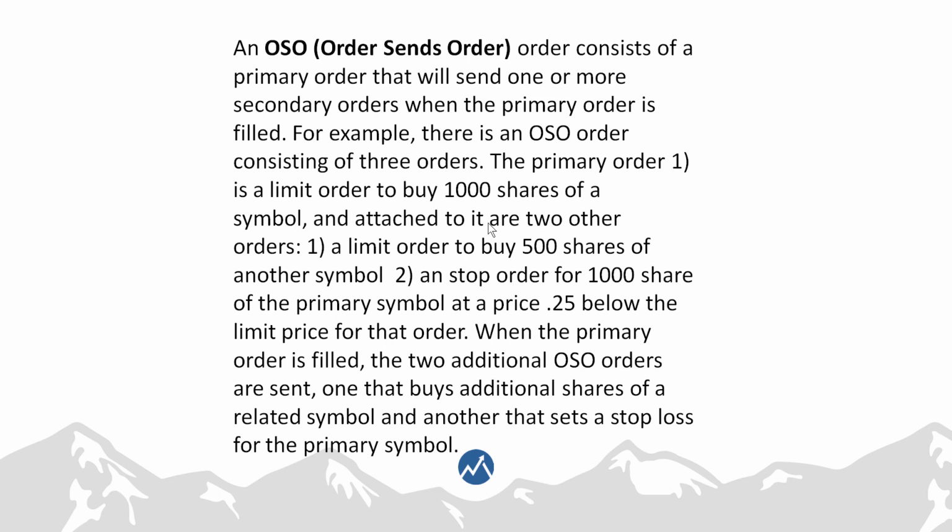So when you place an OCO, one cancels the other. Whichever one gets hit first, it'll automatically cancel the other one, so that you don't have an open order sitting there if you're not at your computer. So that's what an OSO order and an OCO order is.